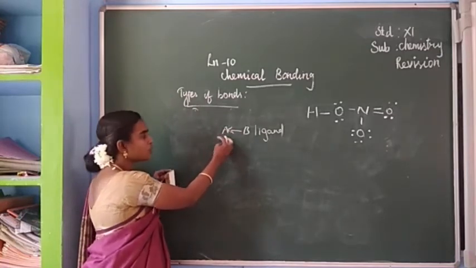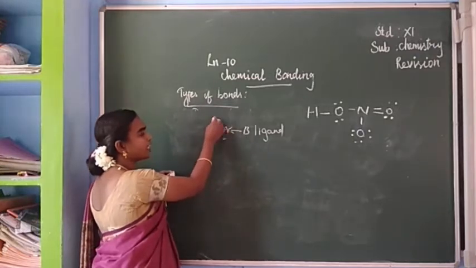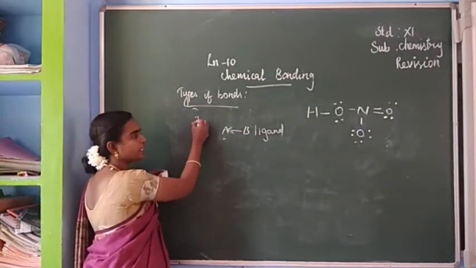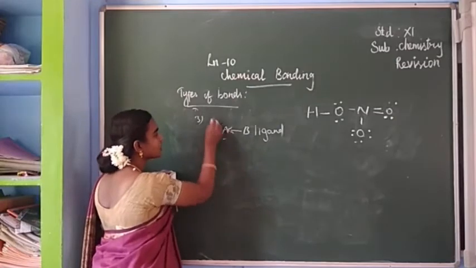Is it clear? The best example for the coordinate covalent bond is the ferrocyanide ion.